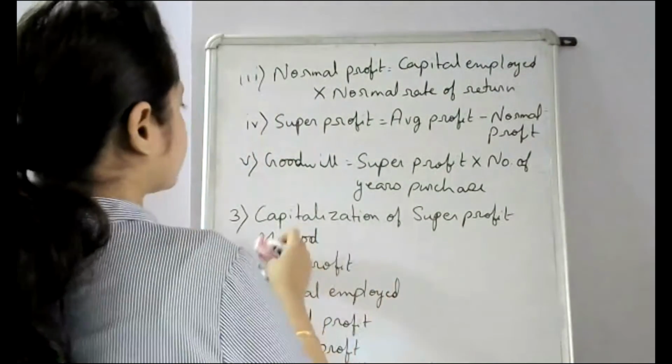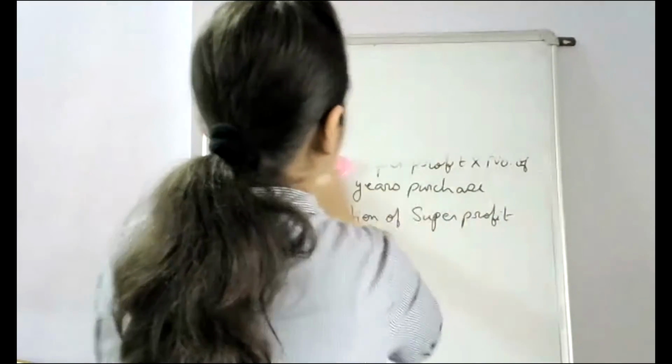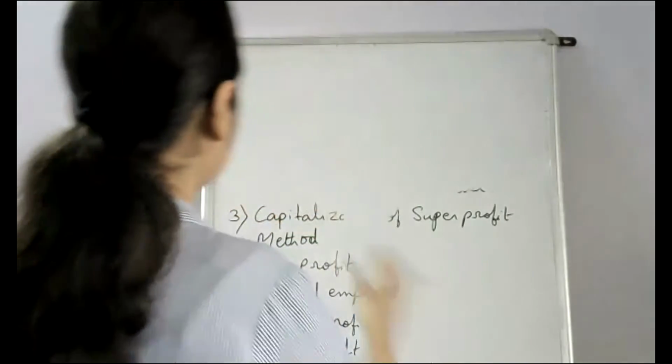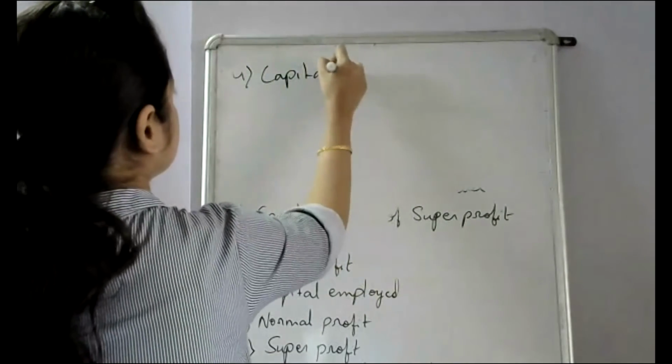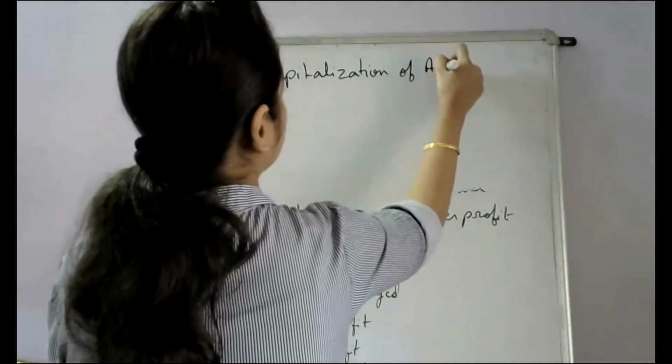Now next method is number 4. Number 4 is capitalization of average profit method.